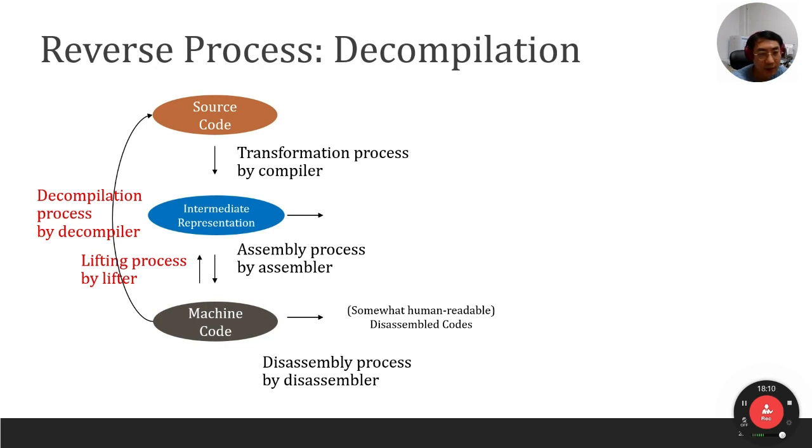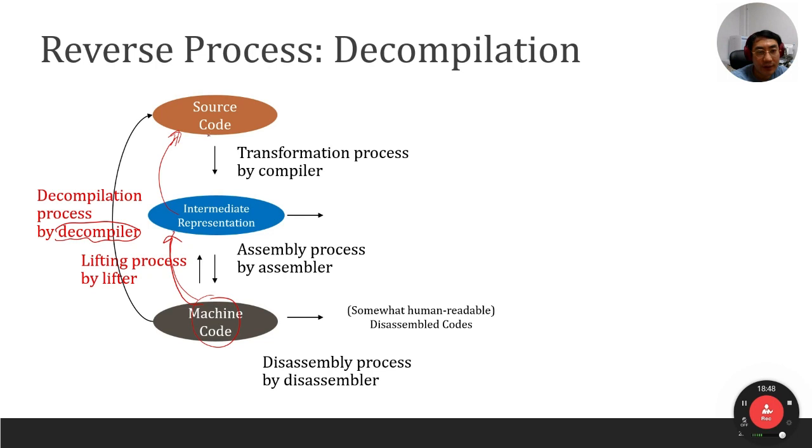First, all decompilers produce an intermediate representation from the machine code, and then from the IR they attempt to generate source code. And this process from the machine instructions to the intermediate representation by a decompiler is called the lifting process, and it is done by a lifter.